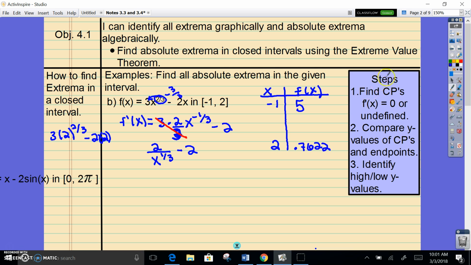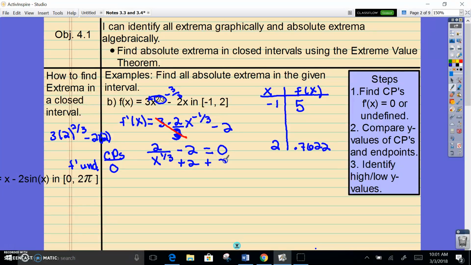So that is your first CP, x equal to 0. I'll just put my CPs over here, and then I'll list them in order here once I know all of them. So this one came from first derivative undefined, and now I'm going to set it equal to 0 to see if I can get any CPs from there. Students always forget to check the undefined, so don't forget to check that, especially when there's rational functions involved.